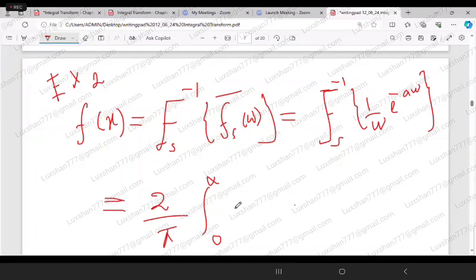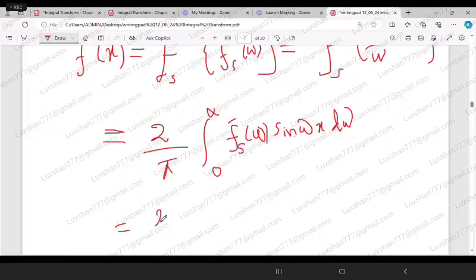Actually, this is f bar s omega into sine omega x into d omega. That is the definition.